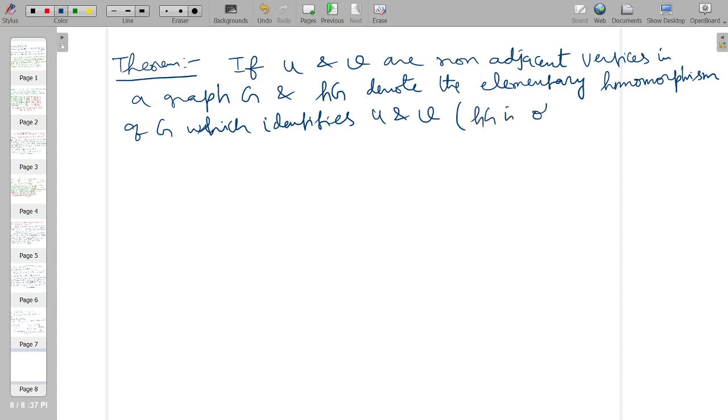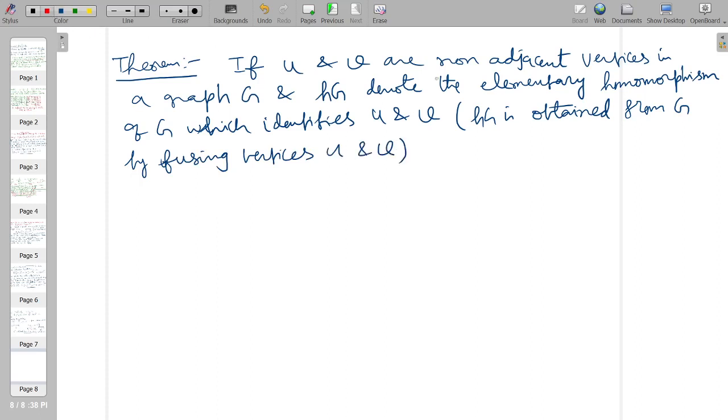HG is obtained from G by fusing vertices U and V. Here the technical word is elementary homomorphism. You need not worry about it, but this is just the fusing of these two vertices U and V, and the graph obtained is called the graph HG.